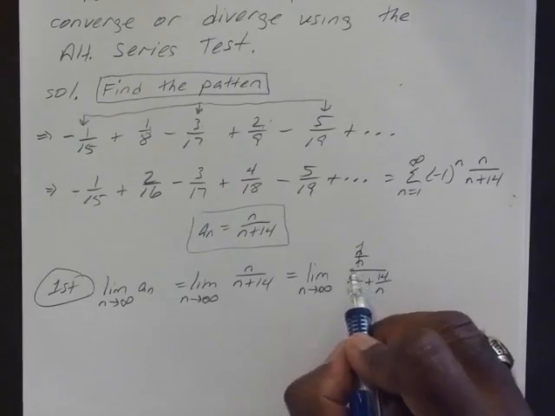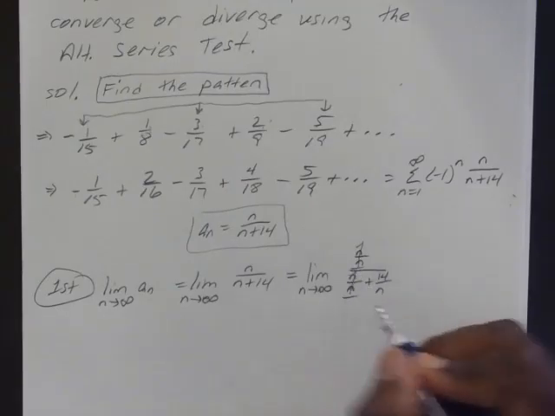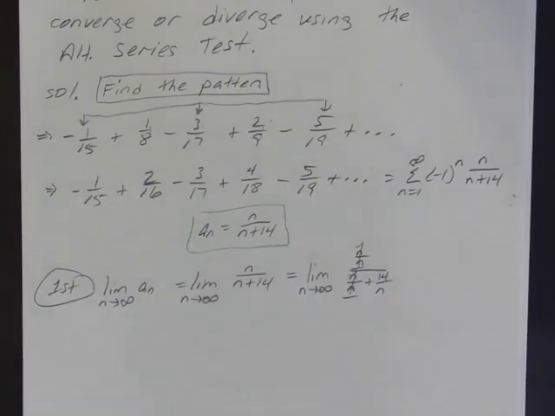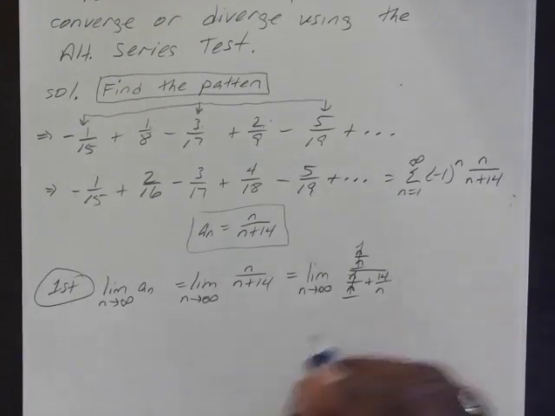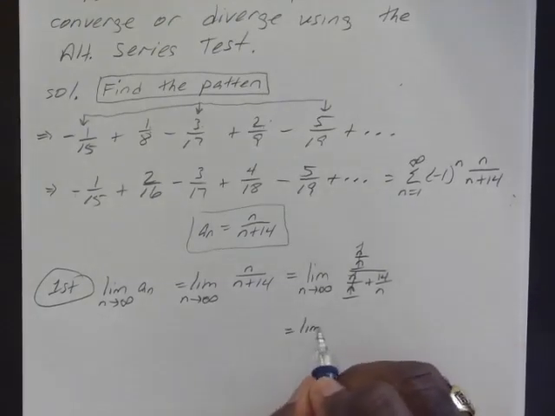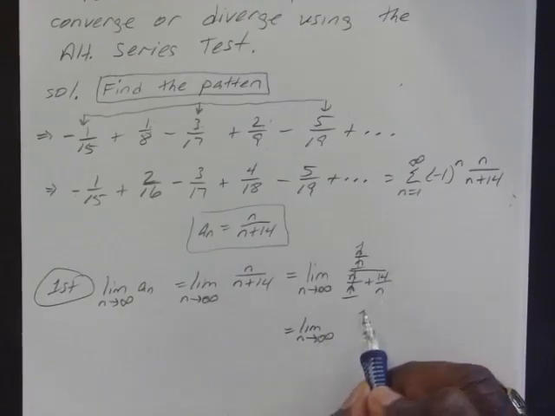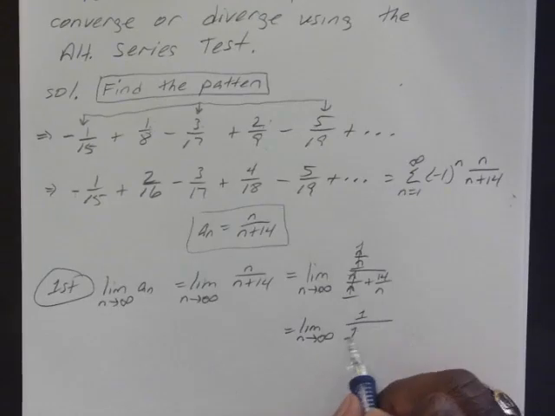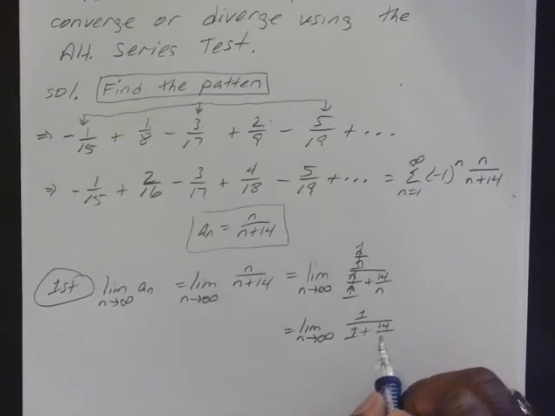We know this simplifies to 1, and this term simplifies to 1. So that gives us the limit as n approaches infinity of 1 divided by 1 plus 14 over n.